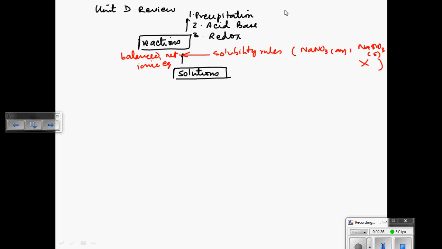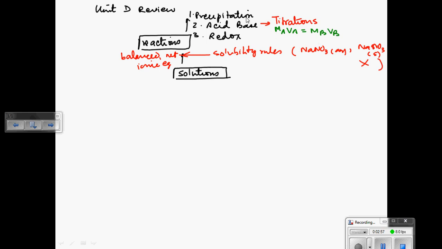For acid-base reactions, you can figure out the quantitative aspect using titrations. The basic concept of titration is that at the end point, moles of acid become equal to moles of base.